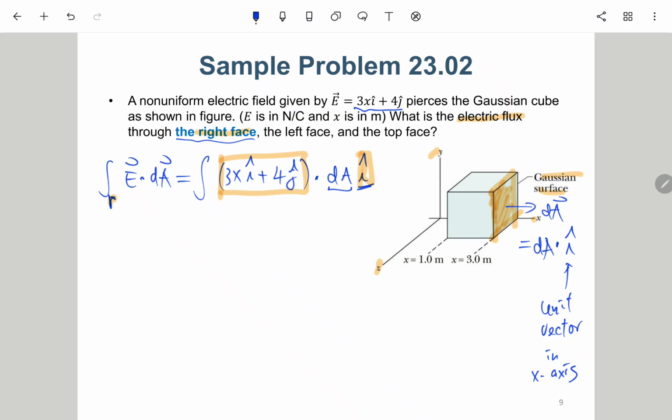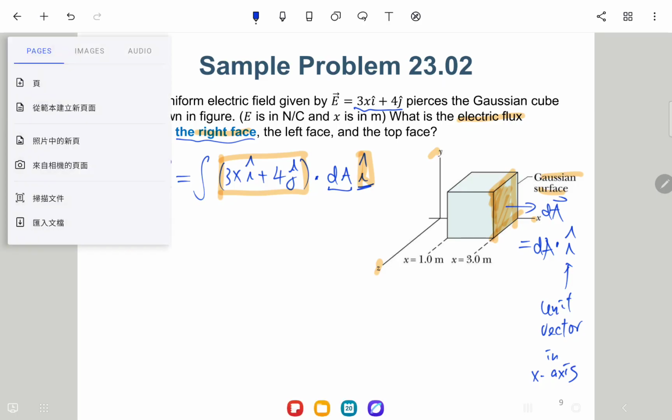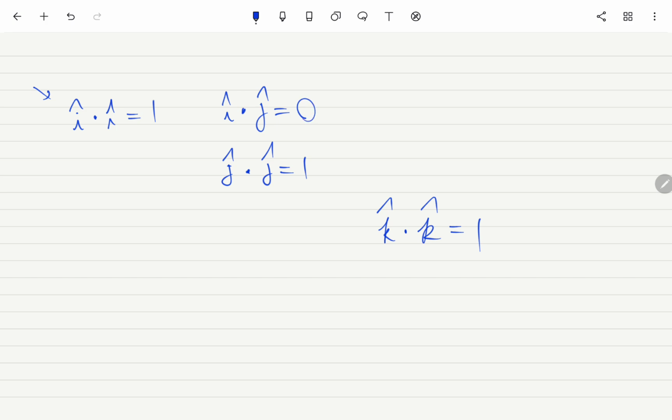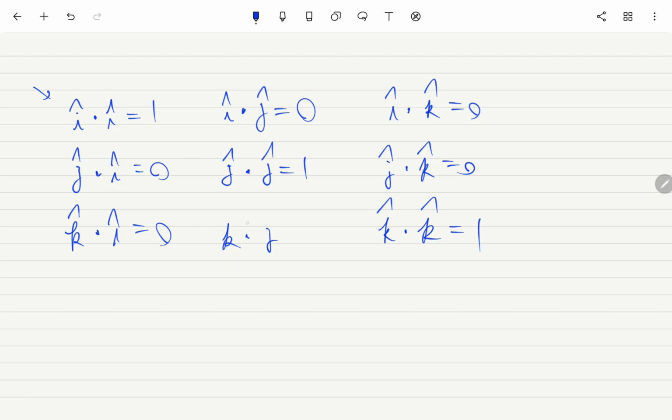So this is a simple result for i, j, k. Let me add a page here. i dot i will be 1, j dot j will also be 1, and k dot k is also 1. i is the unit vector for the x-axis, j is the unit vector in the y-axis, and k is the unit vector in the z-axis. Any two different ones, like i dot j, will be 0. j dot i is also 0, i dot k is 0, k dot i is also 0, and then j dot k is 0, k dot j is also 0.